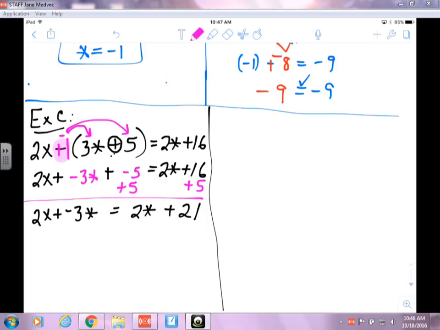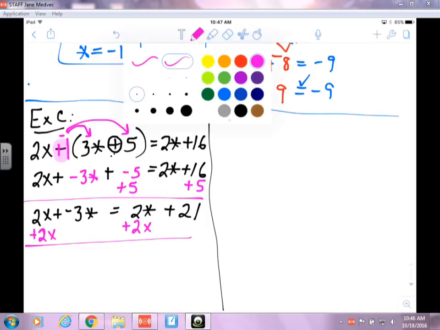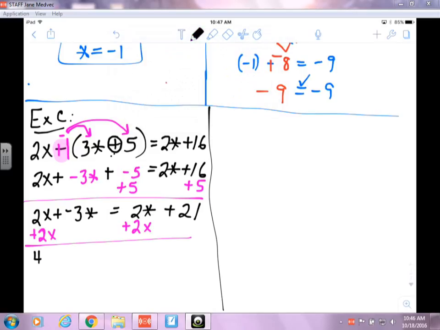I think what I'm going to do is I'm going to add a 2x to get rid of that star. And again, that's another move that we sometimes forget about. So 4x plus negative 3 star equals, oops, sorry about that, not 4x. 2x plus 2 star plus 21.